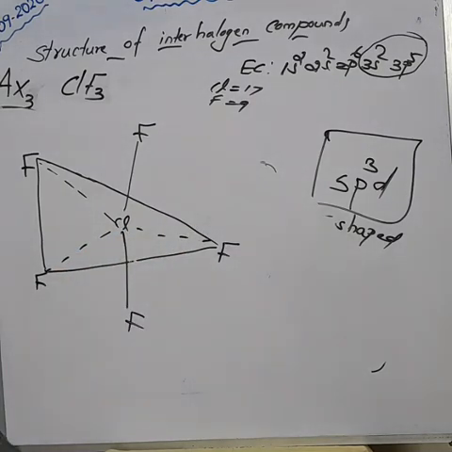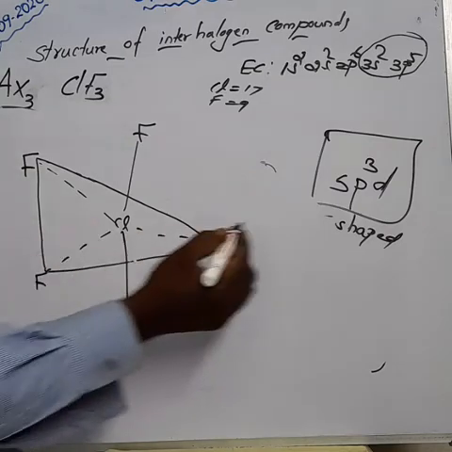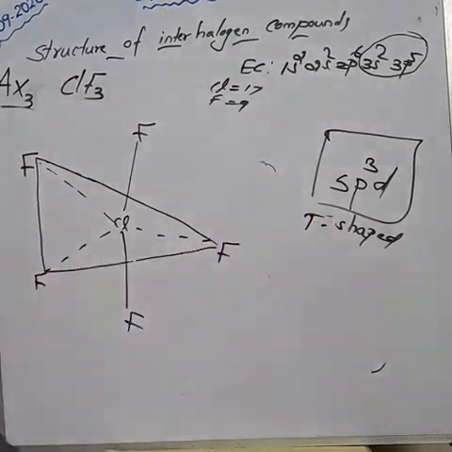Next about AX5 type. This is the shape for T-shape. Next one is the structure of interhalogen compounds AX5 type.